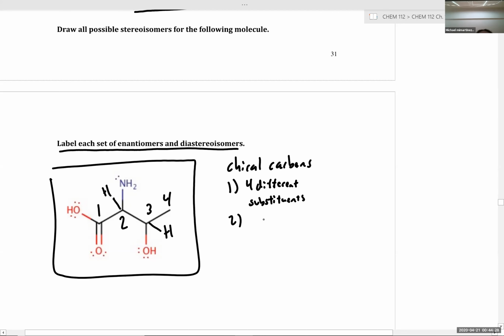And there's no axis of symmetry. And most importantly, in general, chiral carbons are sp3 hybridized. So for those who answered 2 and 3, you're exactly right.